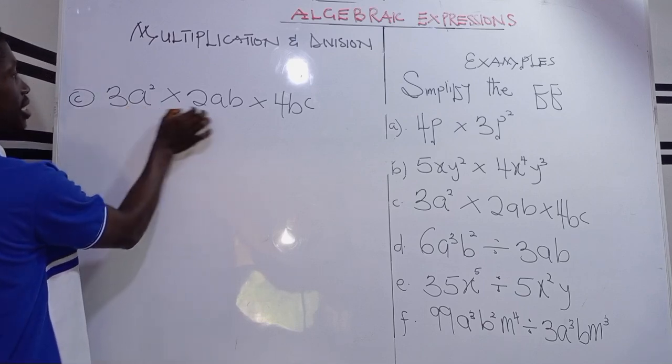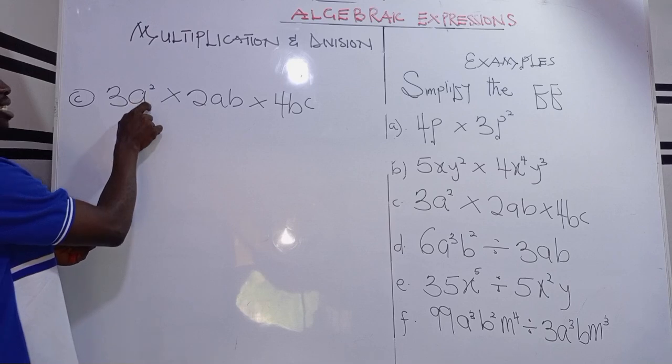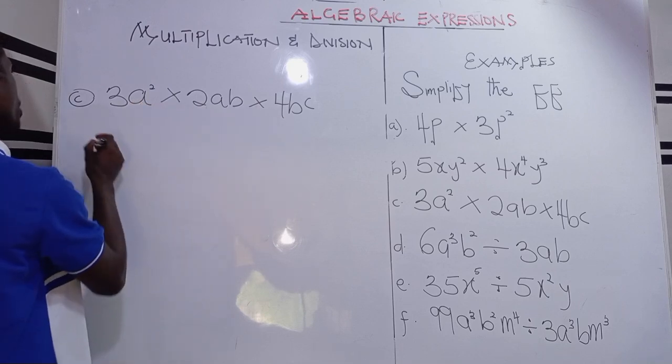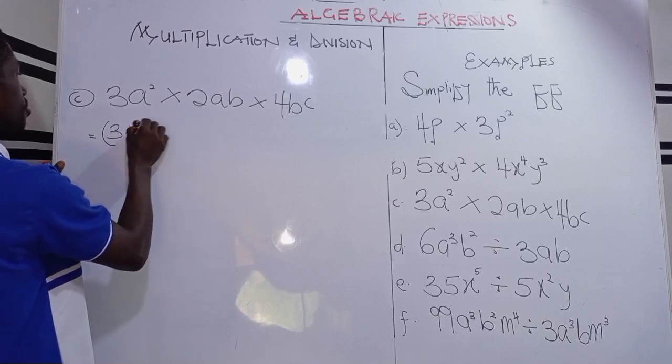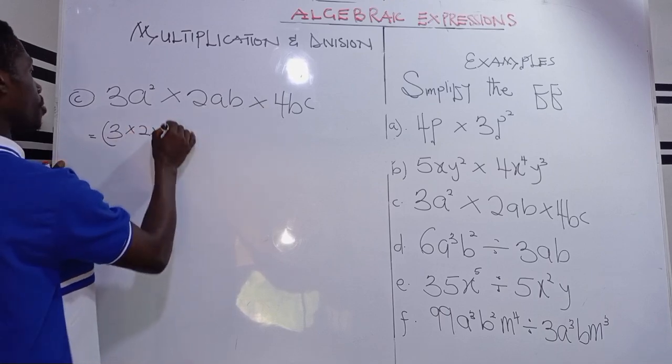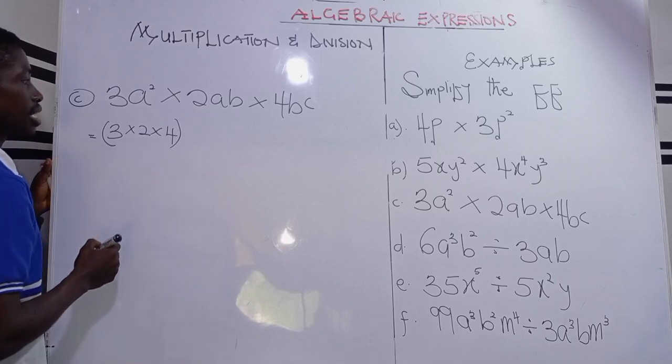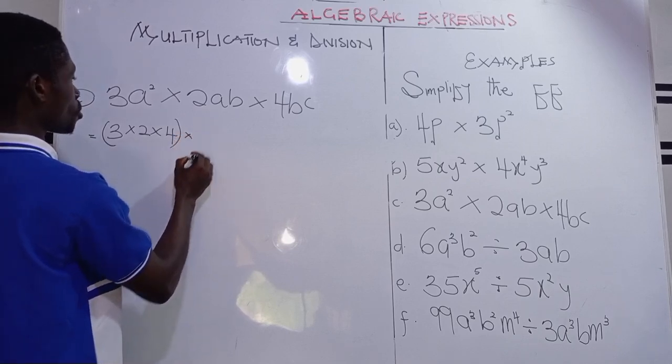So we are going to multiply the numbers together and then multiply the same letters together. So we are going to get 3 times 2 times 4.